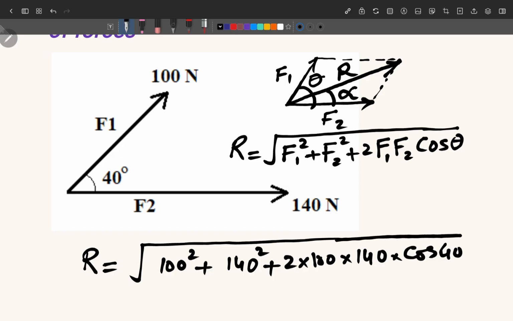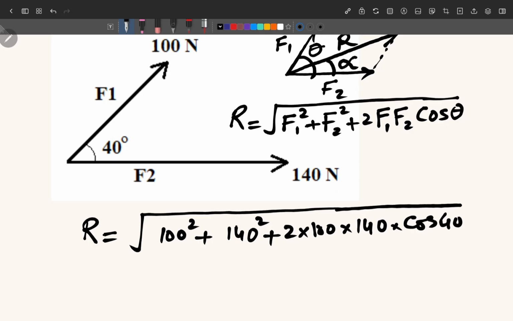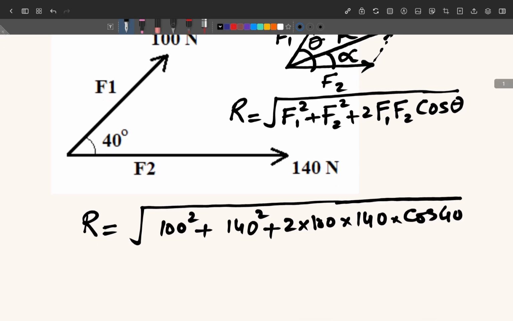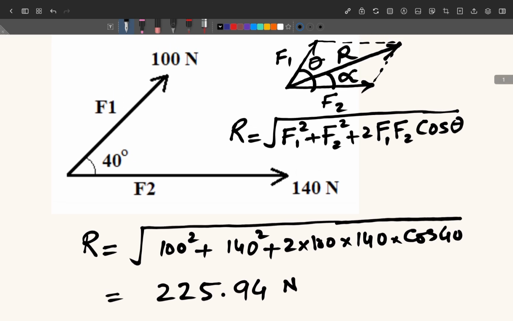When we enter the values in the calculator, we get R equal to 225.94 Newton.